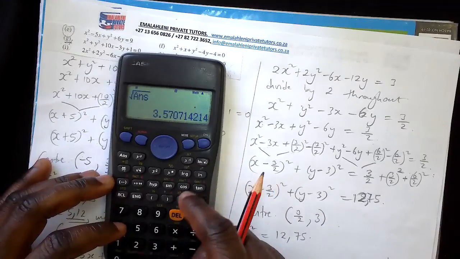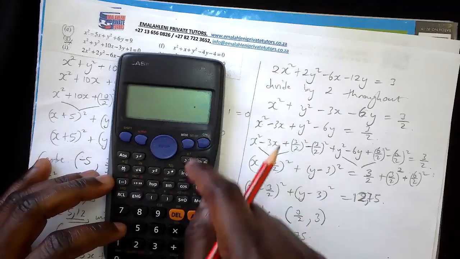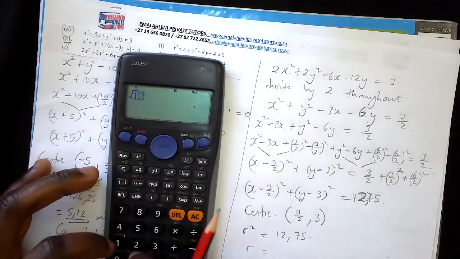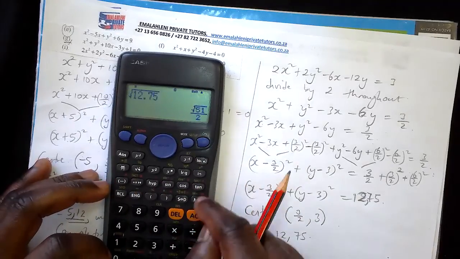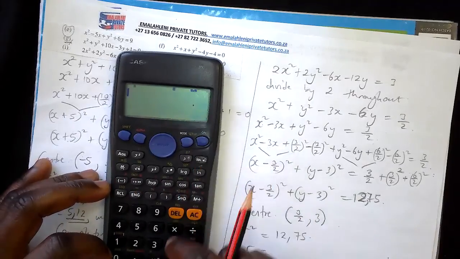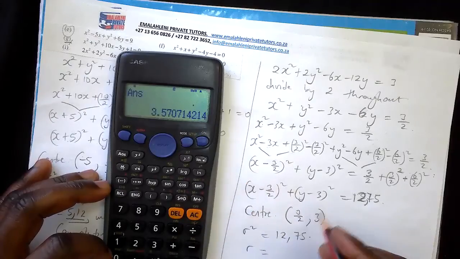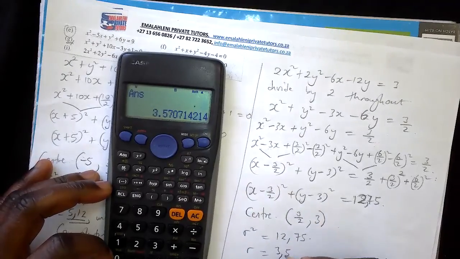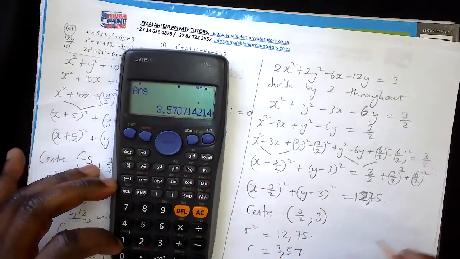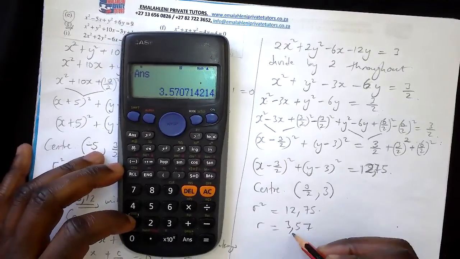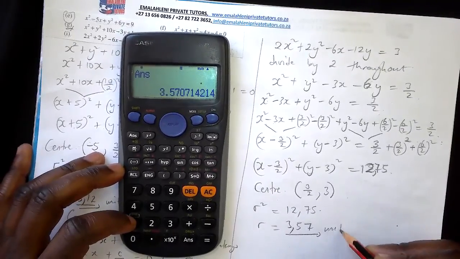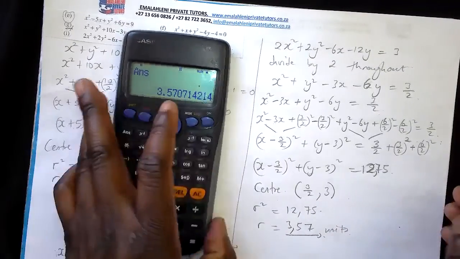Should give us 3,57. Let's just see root 12,75. Okay, 3,57 units. That's how we get to the answer.